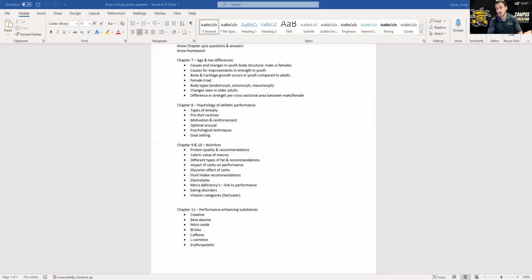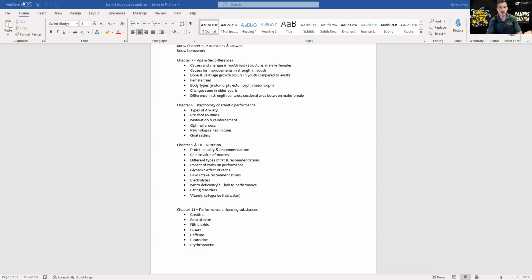Okay, it still happens, but it's blocked depending on the strength and the amount of caffeine you consume. We do see increases in performance with caffeine, more to do with the aerobic side. So endurance athletes are going to see greater benefit from caffeine than anaerobic athletes, the more explosive strength type athletes.